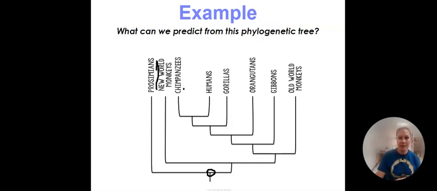What else can we predict? Chimpanzees and humans are the most closely related within this group of organisms. There's a lot of information in this phylogenetic tree, and that's the idea. We're just showing evolutionary relationships among a group of species.